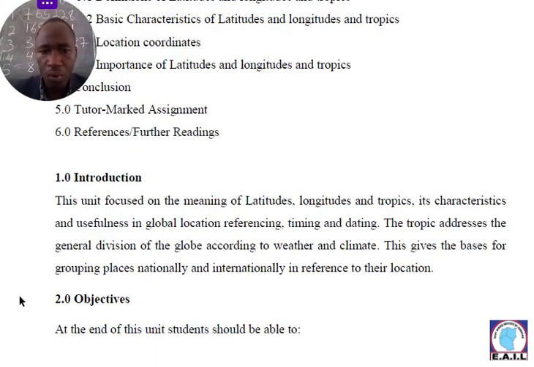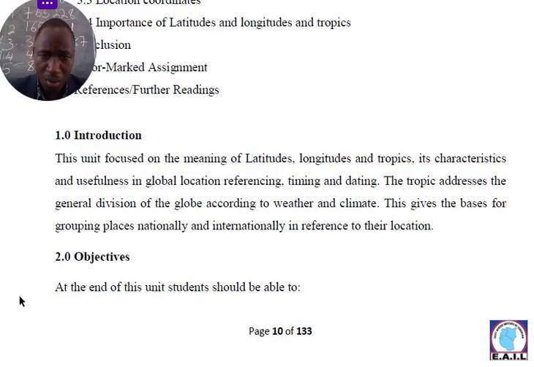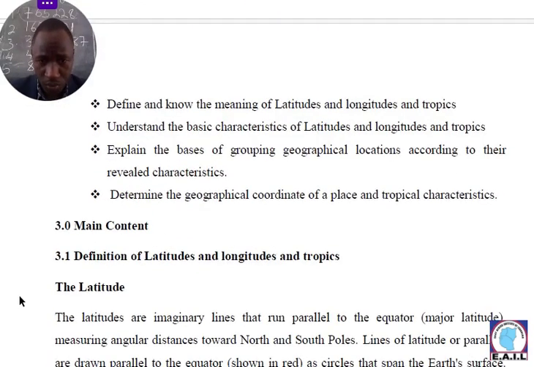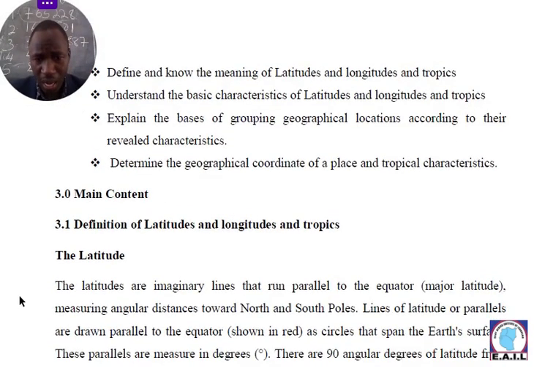Now, when we start, we are going to focus on latitudes, and then we shift and also look at the longitudes. Mainly, latitudes are marginal lines that run parallel to the equator. All these lines run from east to west.